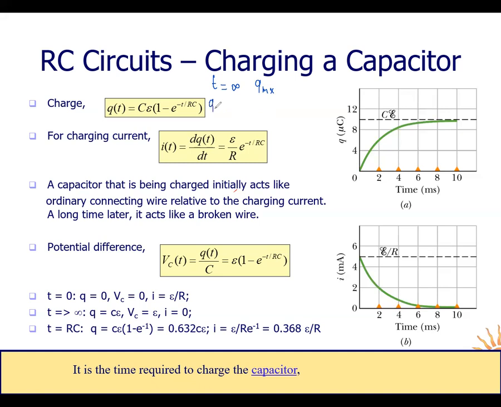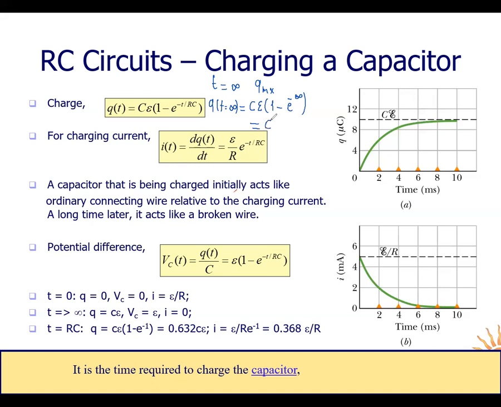So q at time equals to infinity equals to CE times 1 minus exponential minus infinity. You know exponential minus infinity equals to 0.